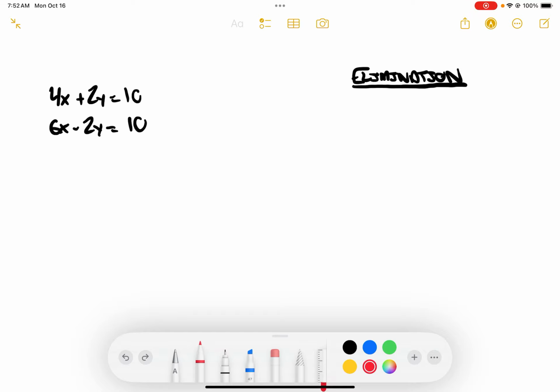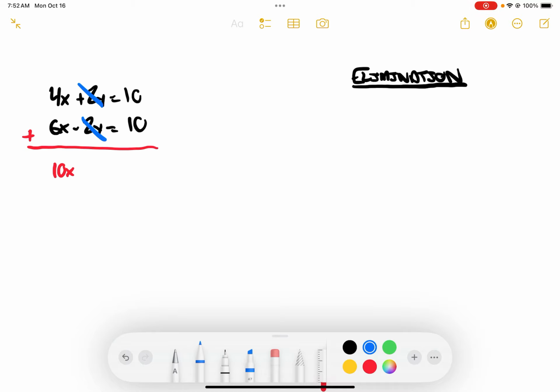But watch what happens if I take those two equations and add them together, like you did in the fourth grade, where you do 19 plus 5, draw a line, and do the plus sign, just like that. Watch what happens. 6x plus 4x equals 10x. 2y plus negative 2y, or 2y minus 2y, is 0.